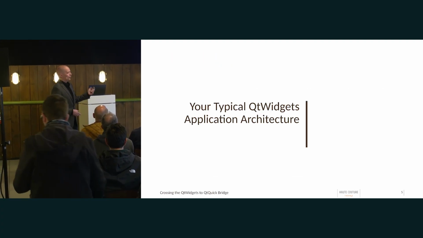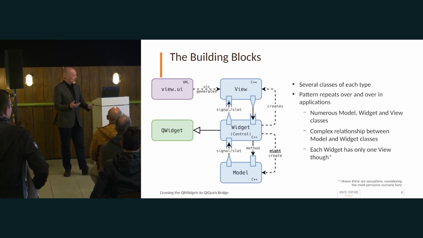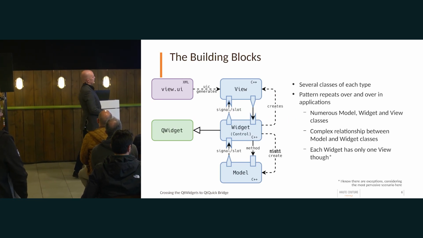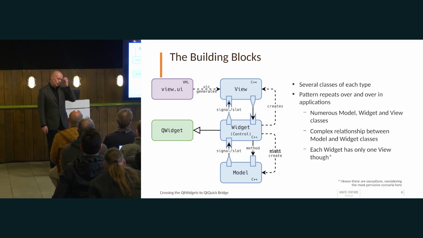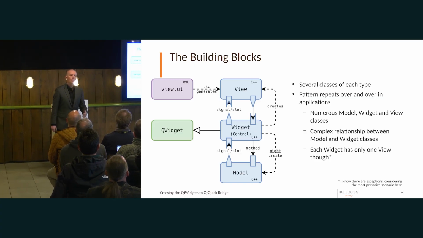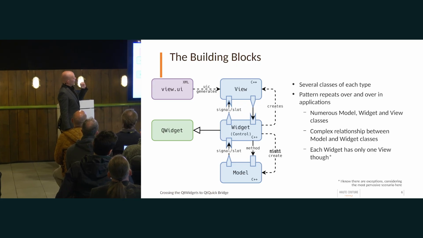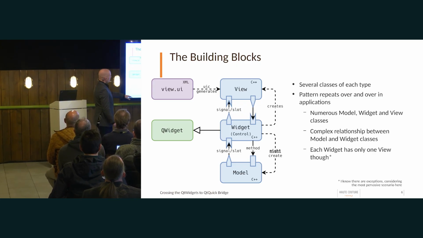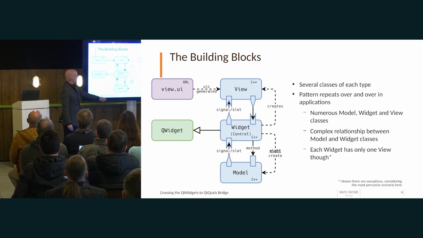All right, so the first case, that's QtWidgets itself. If you make an application with QtWidgets, very often you end up with something which, if I simplify it, would look like this. You would have this pattern, which is kind of repeated over and over in your application, okay? So you have many model classes, probably, okay?